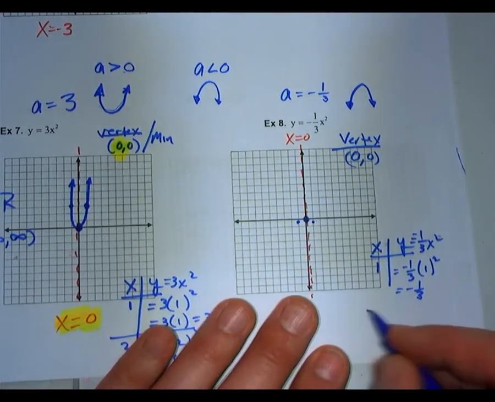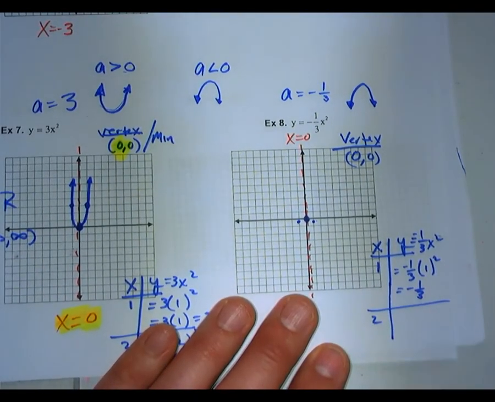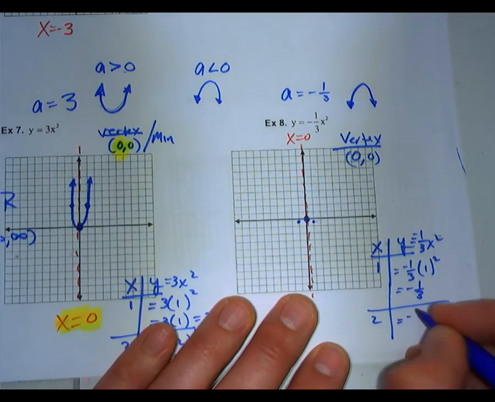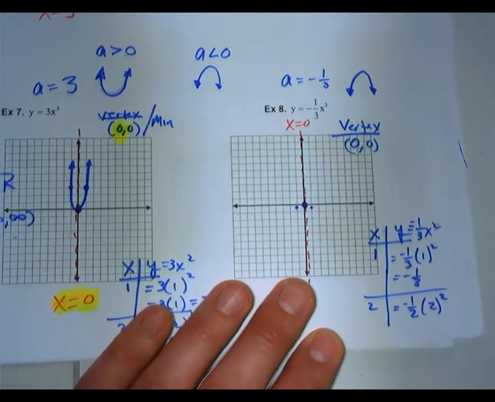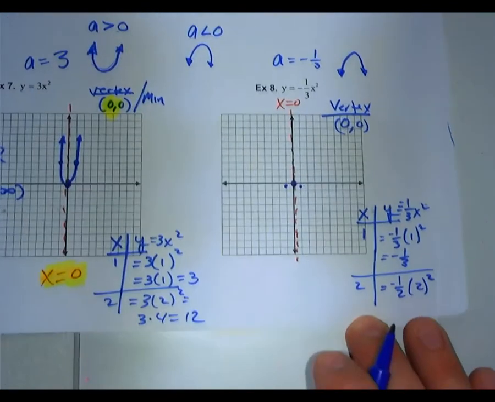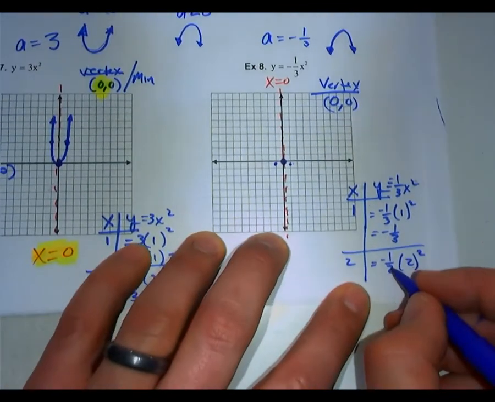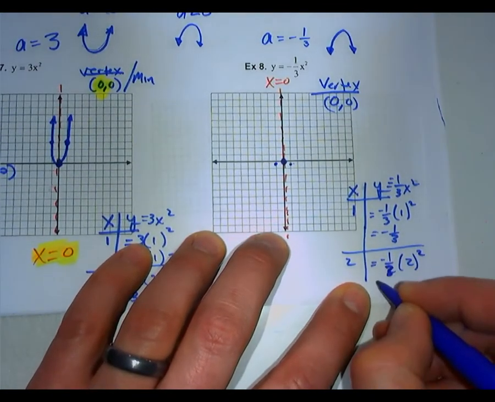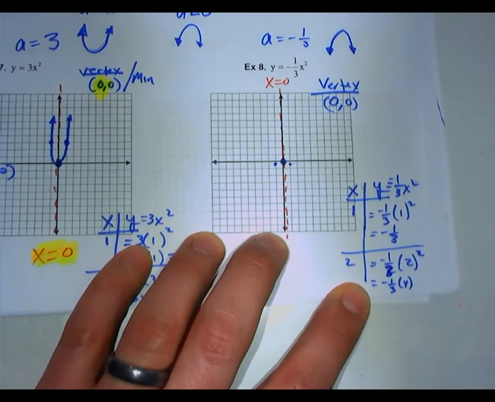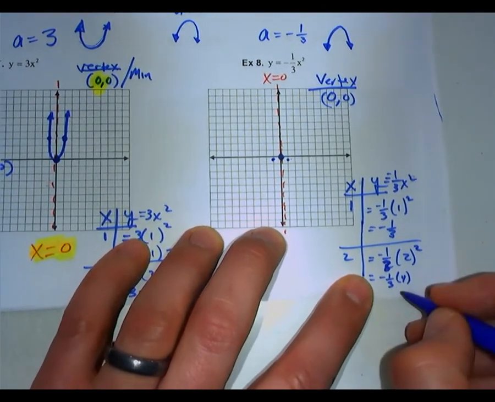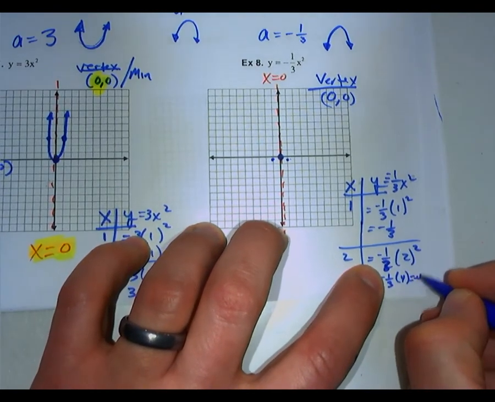Look at what happens when you plug in 3. Okay. Plug in 3. I get negative 1/3 times 3 squared. Well, what's 3 squared? That's 9. Make that a 3, not a 2. Got 2's on my brain. That's negative 1/3 times 4, which is negative 4/3.